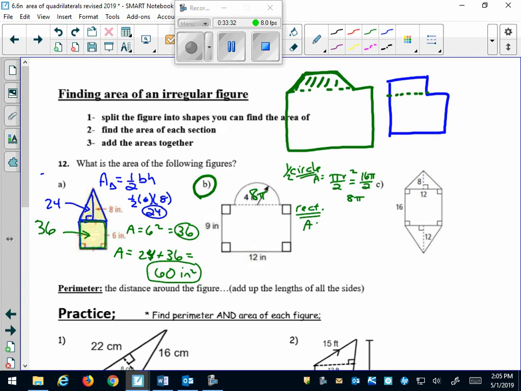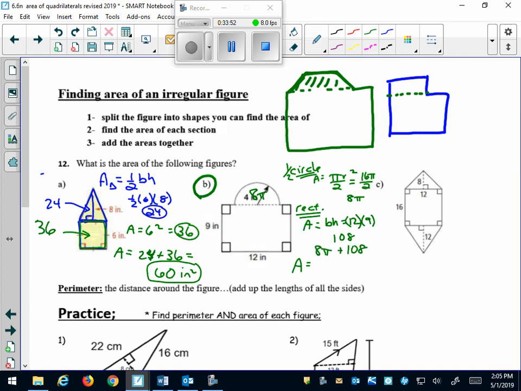Rectangle, area is just base times height. So what are we going to do? 12 times 9. And what's 12 times 9? So now the area of the whole thing is 8 pi plus 108.